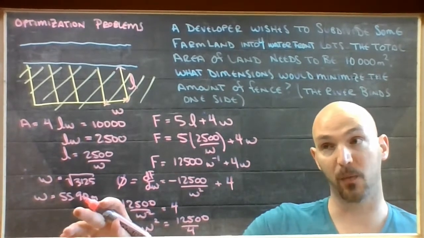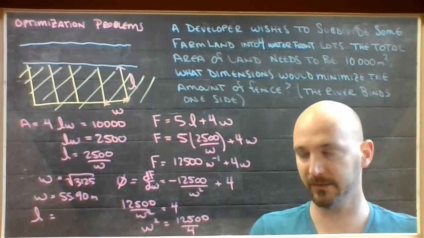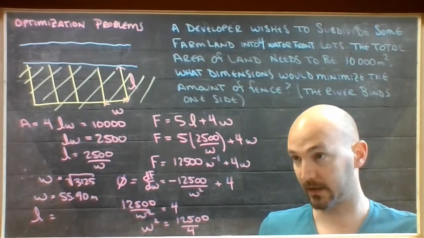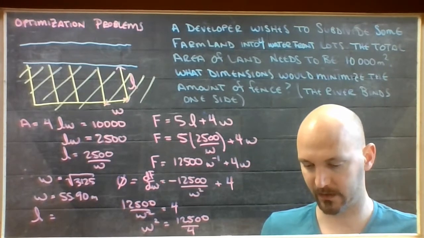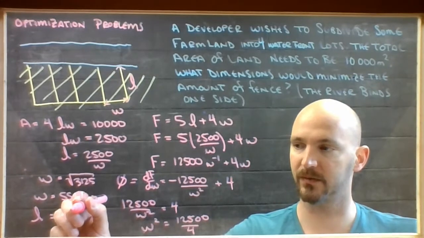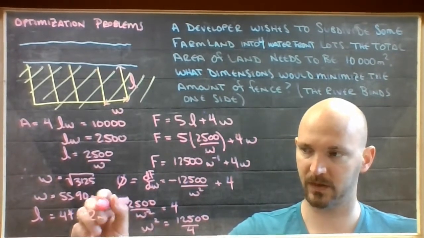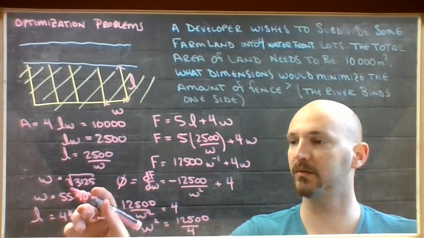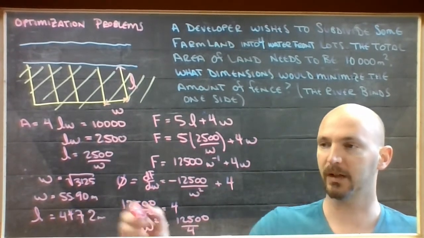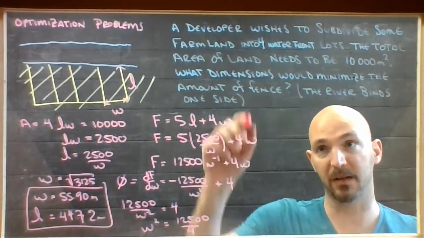And if I've got the width, I can get the length by popping it into here. So the length should be 44.72, times 2,500 gives me 44.72. Wow, that was terrible. Okay. So, and of course, it did ask me to minimize the amount of fence.